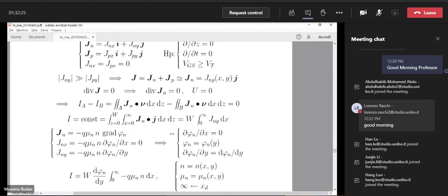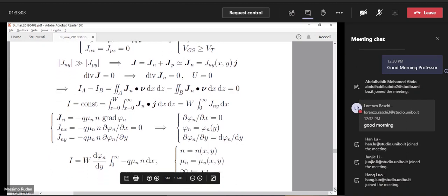So we have that it is useless to continue to use the symbol of partial derivative, because at this point we have understood that the quasi-Fermi potential depends only on y. So we use the standard symbol of derivative, and then we replace the expression of J_n,y into the integral. On the other hand, the integral is carried out with respect to x.